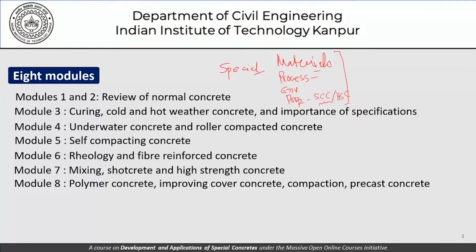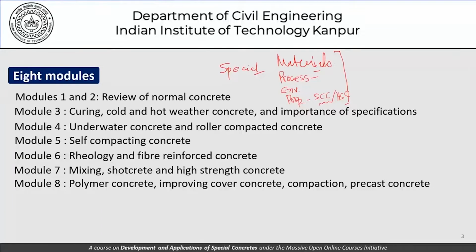And once any one or more of the different processes involved, that is mixing, transportation, placing, curing, any of these things becomes a little special, all the other processes need to be appropriately redesigned or rethought of. So that has been the central thought that has run through all these 8 modules.